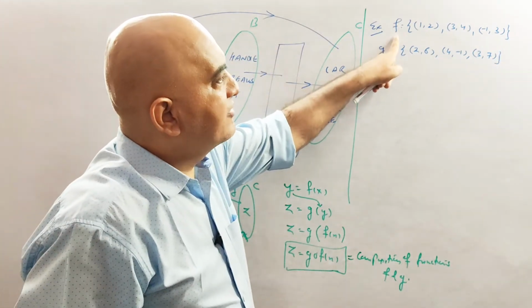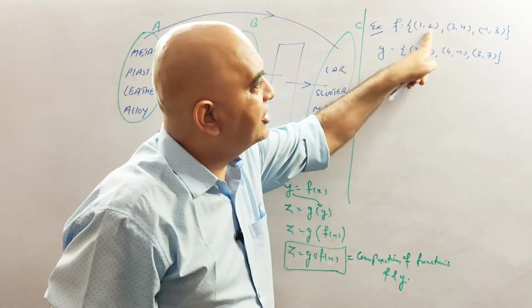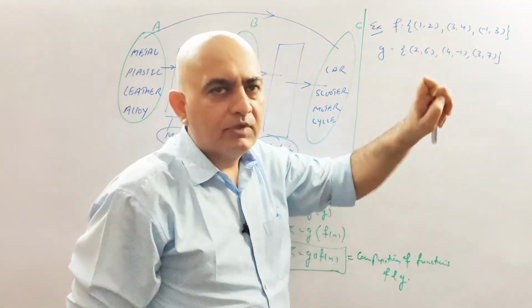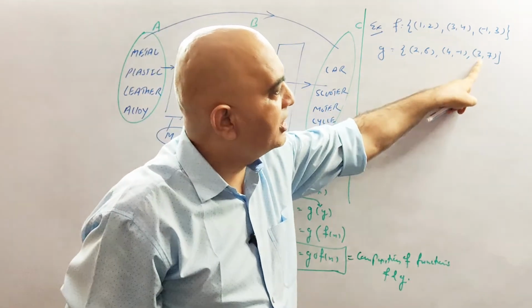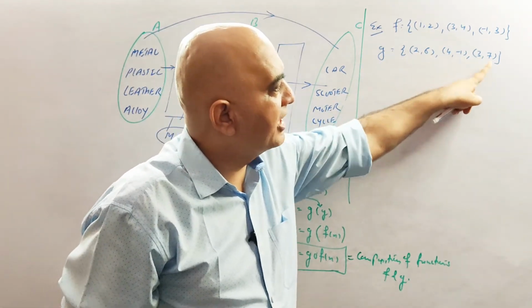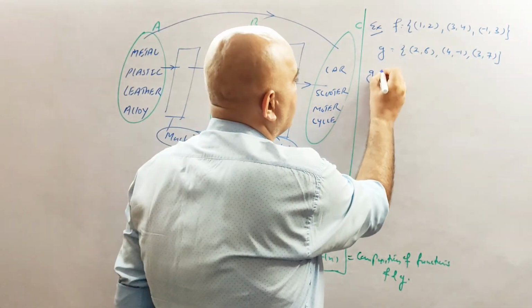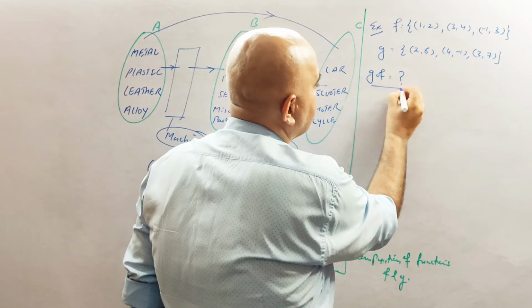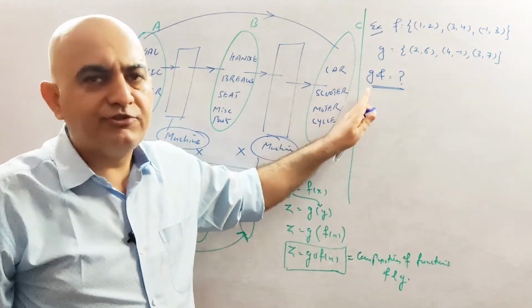Means f is a function which has domain 1, 3, -1 and range 2, 4, 3, and the second function is g which has domain 2, 4, 3 and range 6, -1, 7, and we are constructing the function g of f. What is the value of g of f? We want to calculate the value of g of f.